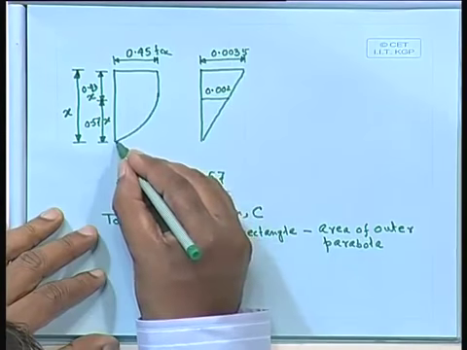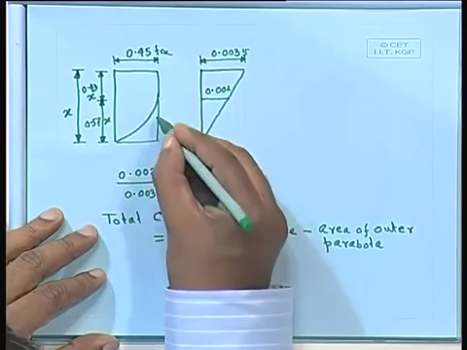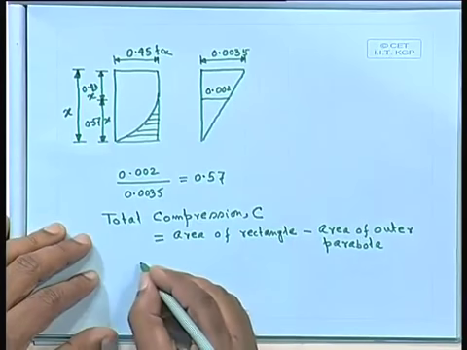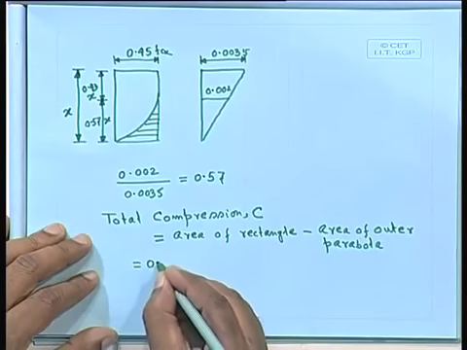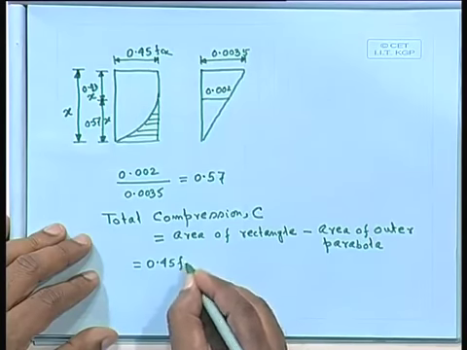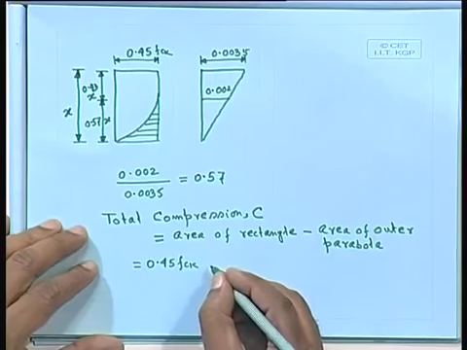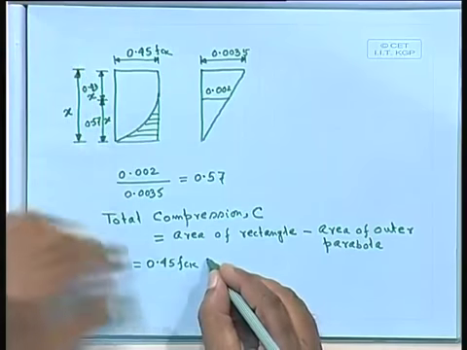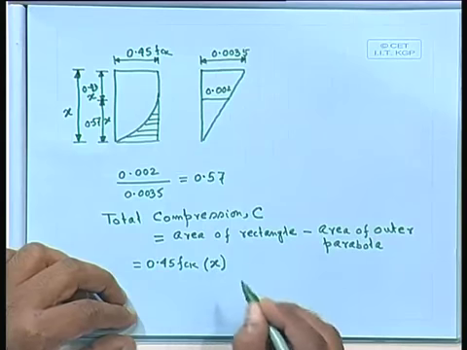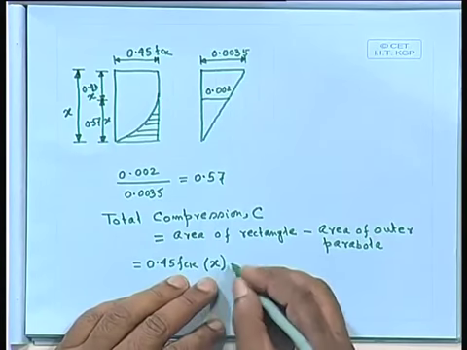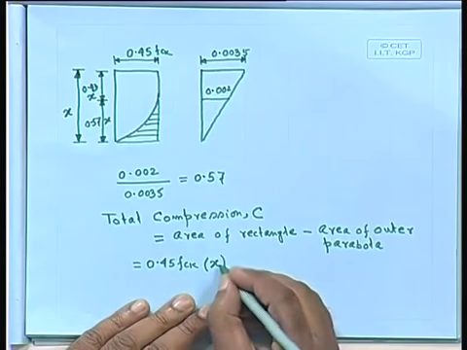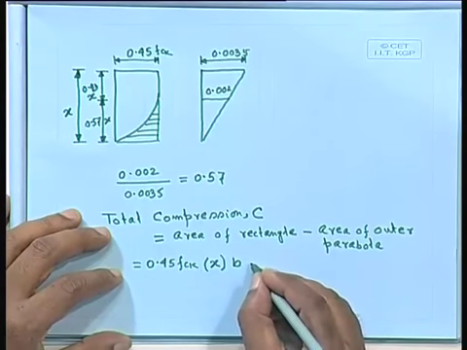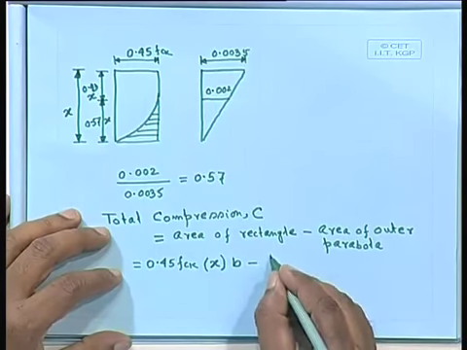Area of outer parabola means this portion. Equal to 0.45 fck, this one multiplied by the neutral axis. To make it separate, let us give a parenthesis. It is not multiplication by 1, x is the depth of the neutral axis, multiplied by b, minus 1/3.